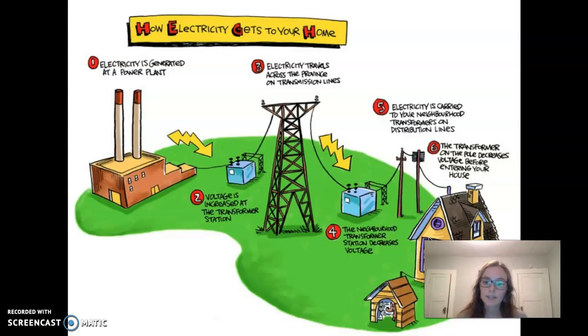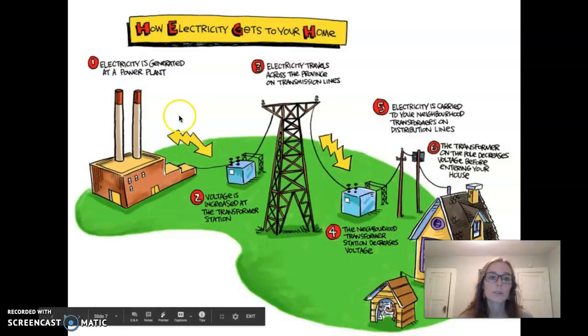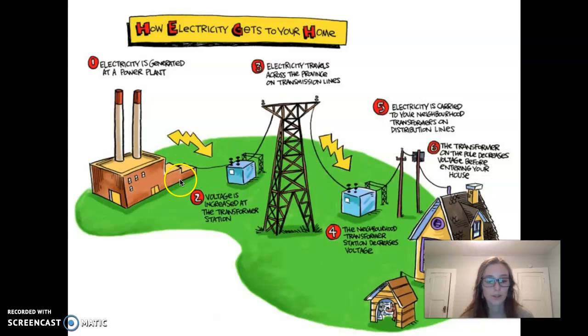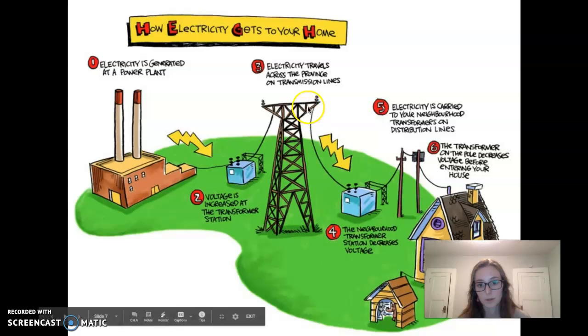This graphic is showing you how electricity gets to your home, and there's all this transfer of energy. Electricity is generated at the power plant here, then it moves, so kinetic energy, to this power box that you see all around. Voltage is increased at the transformer station, then it moves somewhere else through the wires, and you've probably seen these big wires.